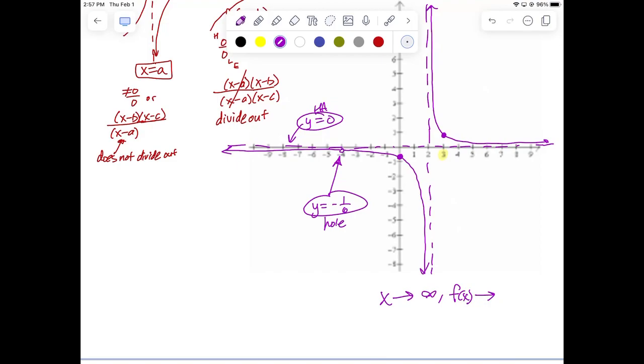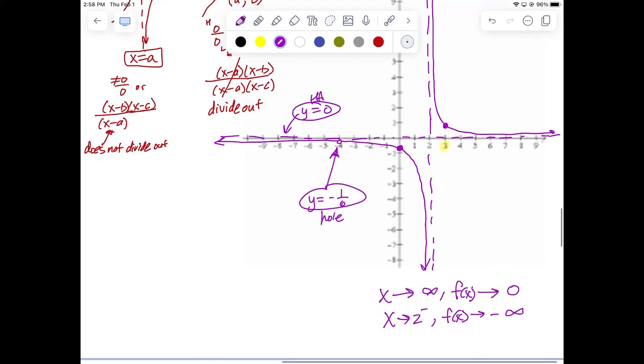What are the y values getting closer and closer to? 0. Yeah, that's what that question means. And then the last one I'll ask you, as x approaches 2 from the left-hand side, what is f of x approaching? Negative infinity. Yeah, it's going down towards negative infinity.